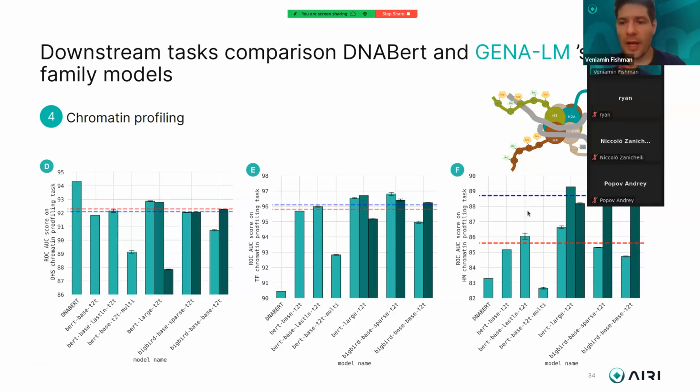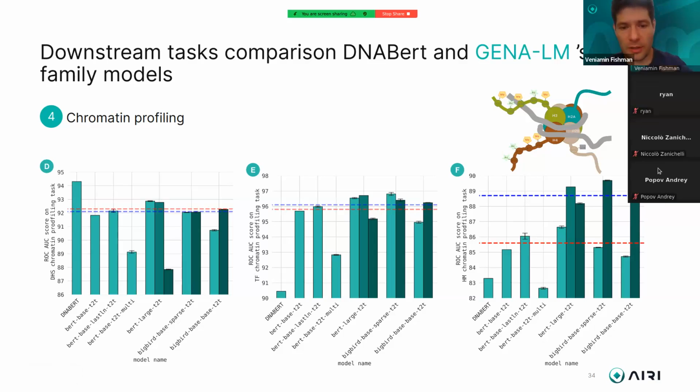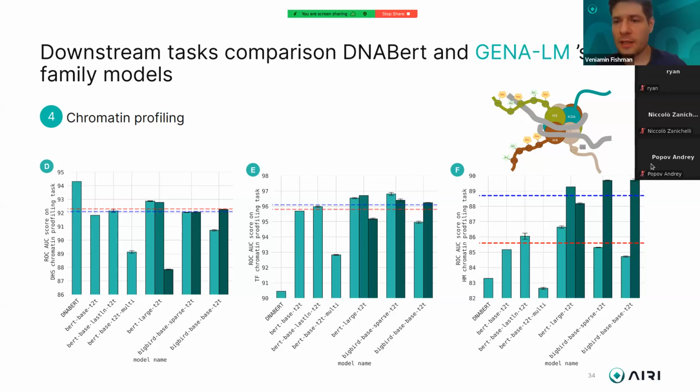And you can see here that, again, for the majority of these challenges, GENA shows very good results. But again, for some challenges, one model would show superior quality, for other challenges it will be another model. So probably to find the best model, you should try several of them. And again, we can see that by increasing the length of the context, in this case the sequences flanking from both sides the region we are interested in, we get higher and higher prediction power.